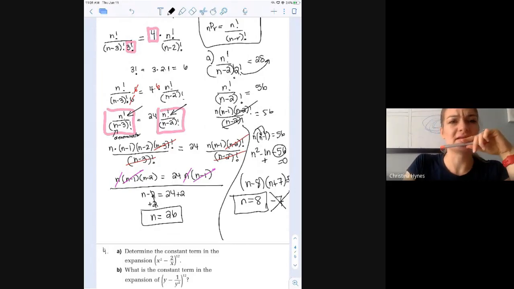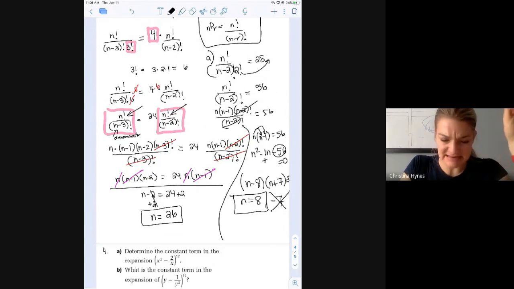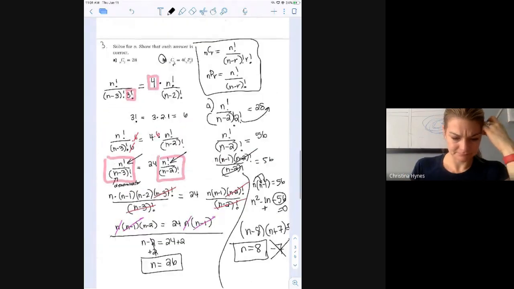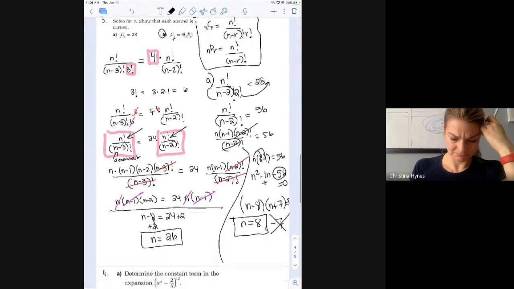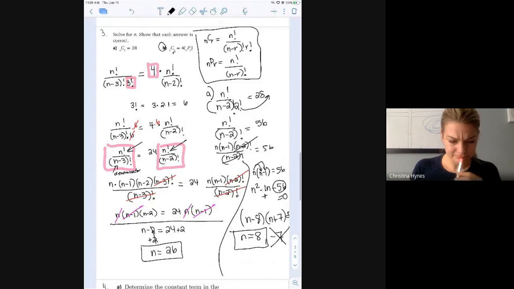Are you talking about the one in the assignment that I gave you? Like if 4 was on the same side as 3 factorial. Oh, I see what you're saying. Okay, I get what you're saying.